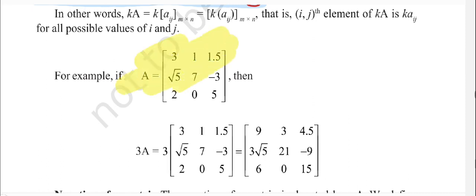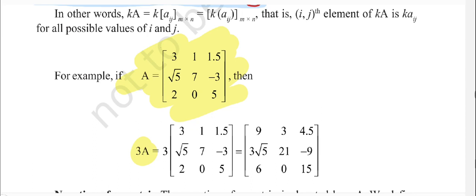Here we are given a matrix A, we have to find 3A. Now in case of multiplication of a matrix by a scalar, we need not bother about the order of the matrix. In the case of addition, we want the two matrices to have the same order, but in multiplication of a matrix by a scalar, the order is not a matter of concern.